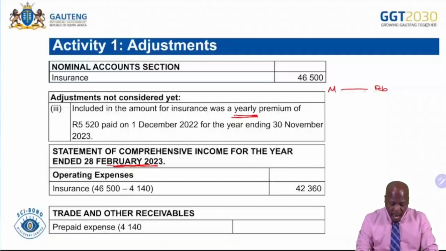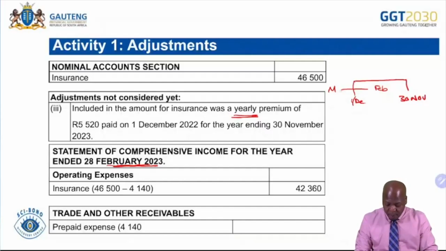We are then told that there is an annual premium which is paid on the 1st of December. So we're coming here now on the 1st of December. If it's being paid on the 1st of December and it ends on the 30th of November, it ends on the 30th of November. Very important there. All right. We now understand our financial period starts here and it ends here.